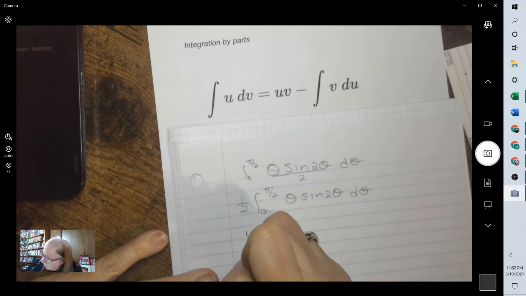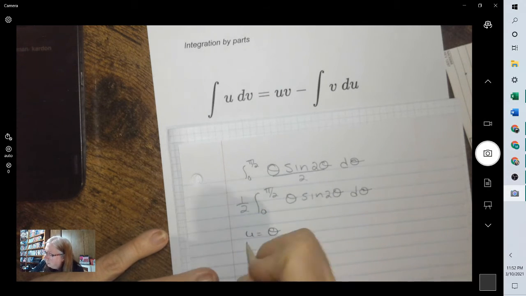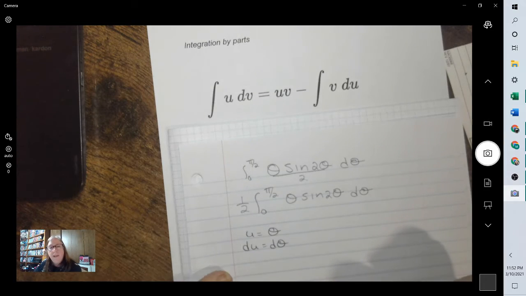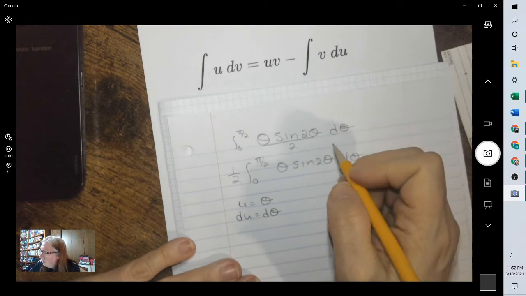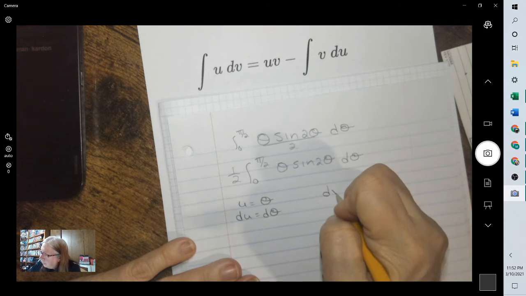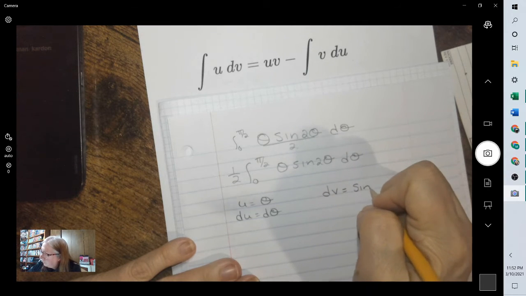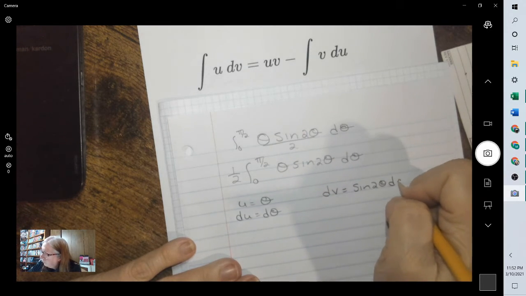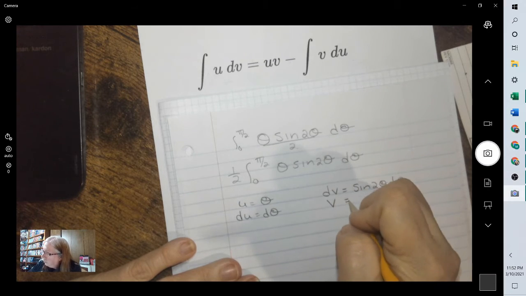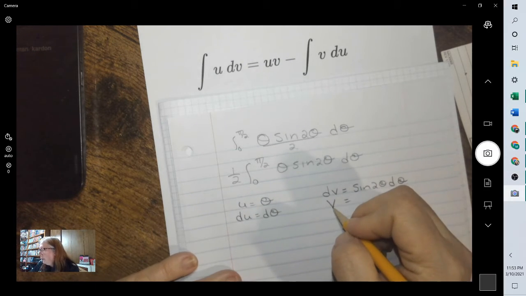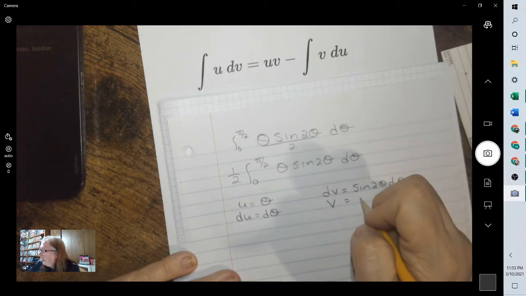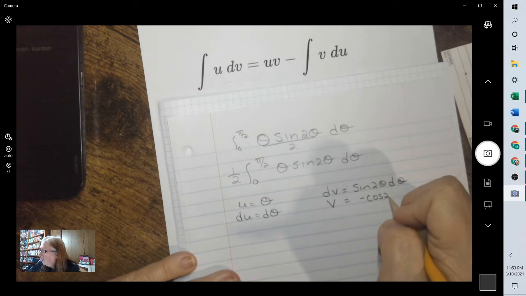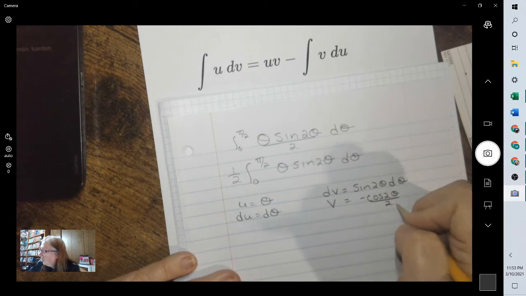So u would be theta, because then du is d theta. It breaks it down. The rest of it then is dv. When you take the integral, dv is v, and the integral of the sine is negative cosine 2 theta over 2.